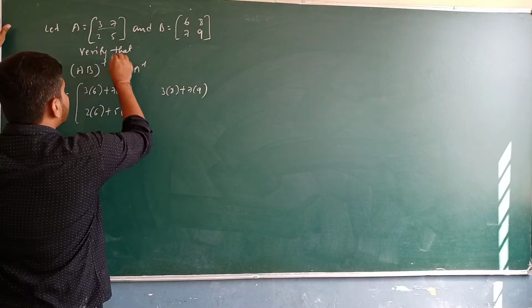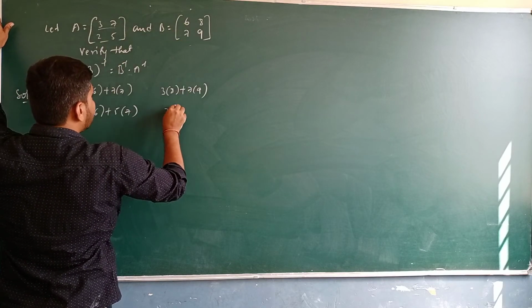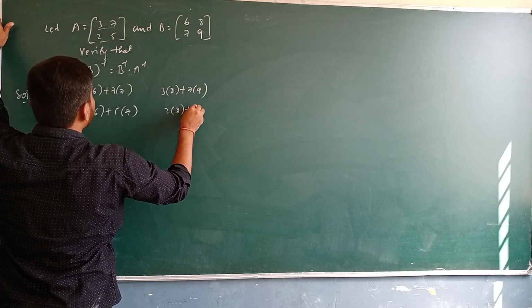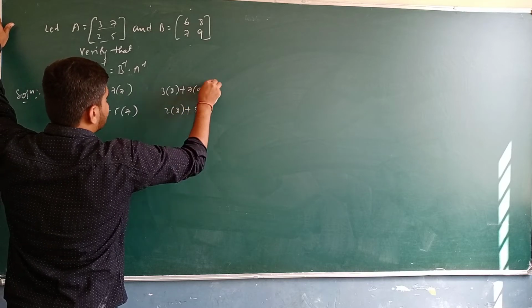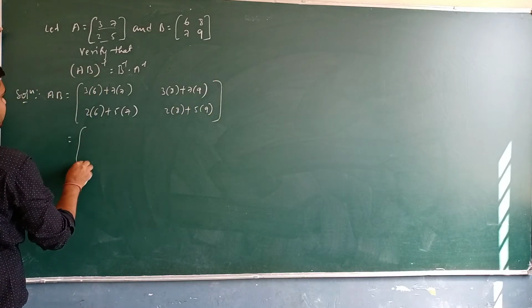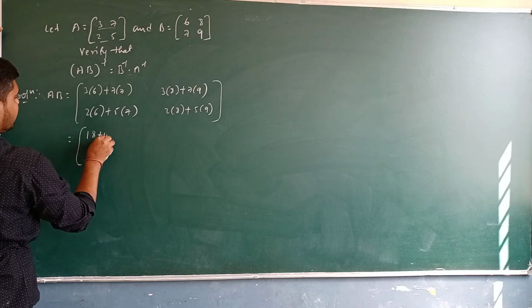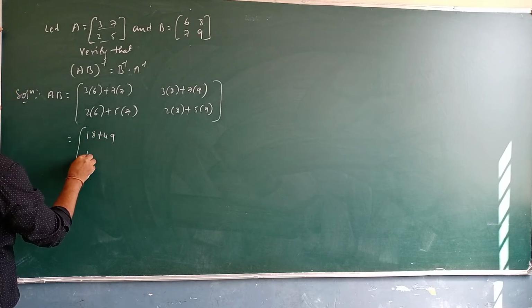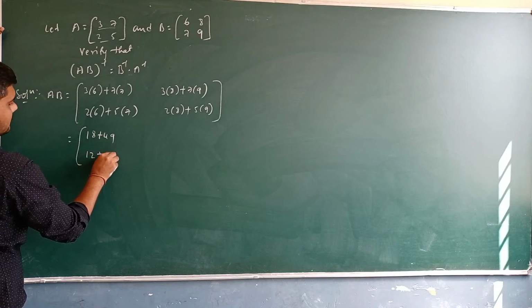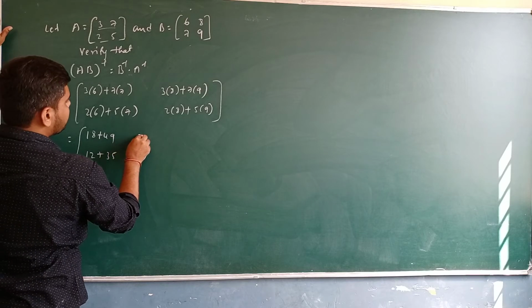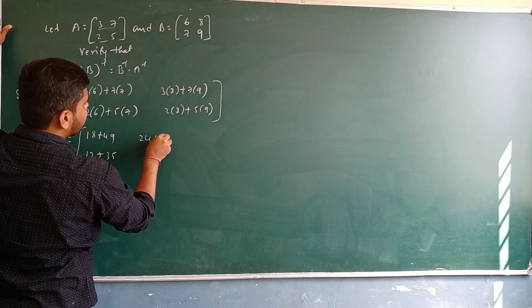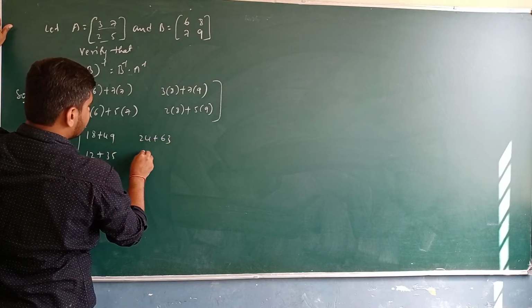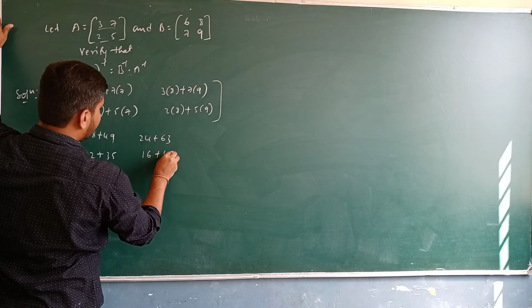Then second row with the second column, 2 into 8 plus 5 into 9. So that's going to be 18 plus 49, 24 plus 63, 12 plus 35, 16 plus 45.